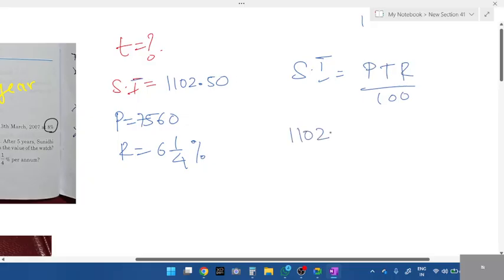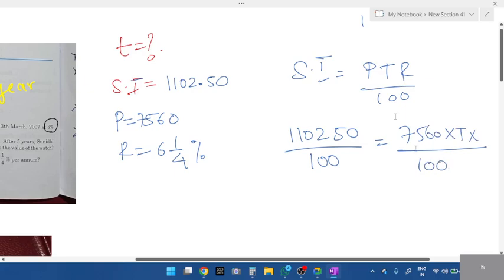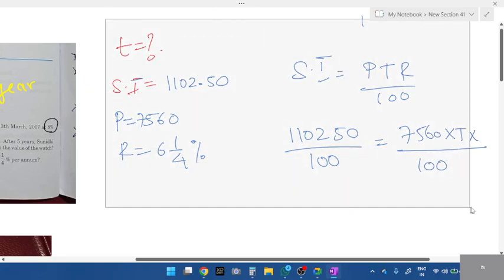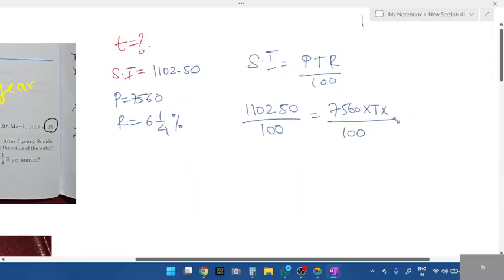If I remove the decimal, what should I write? 150 divided by 100. Principal is 7560. Time we need to find. What's the rate, students? 6 fours are 24 plus 1, 25 by 4.